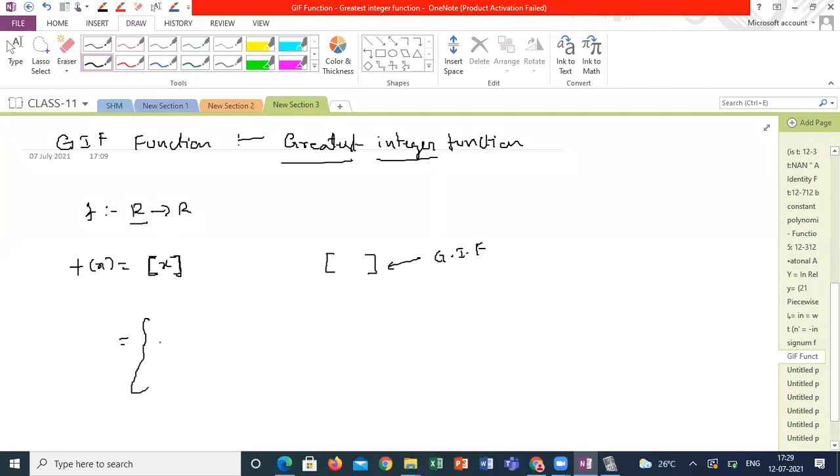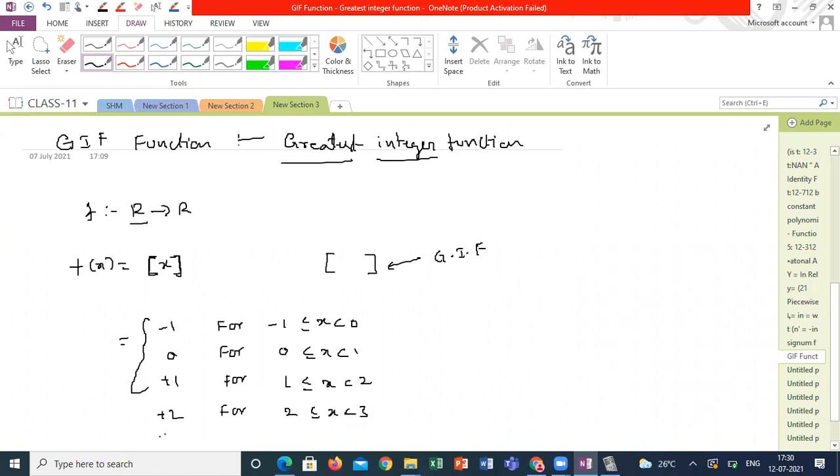f of x can be written as -1 for -1 less than or equal to x less than 0, 0 for 0 less than or equal to x less than 1, +1 for 1 less than or equal to x less than 2, +2 for 2 less than or equal to x less than 3, +3 for 3 less than or equal to x less than 4.